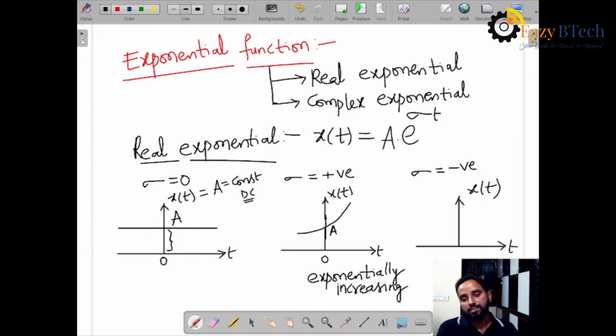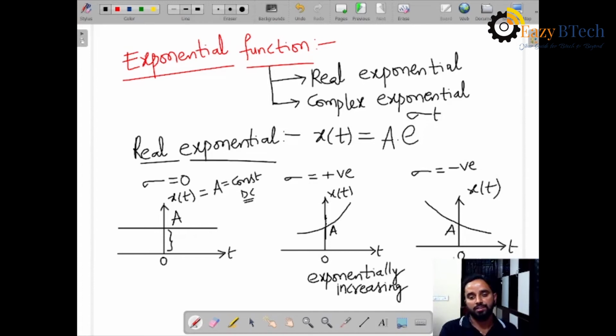If sigma is negative, opposite to the second case where sigma positive exponentially increases, it exponentially decreases. Take sigma values like -1, -2, then we get exponentially decaying or decreasing.